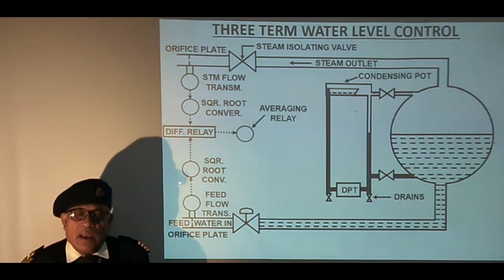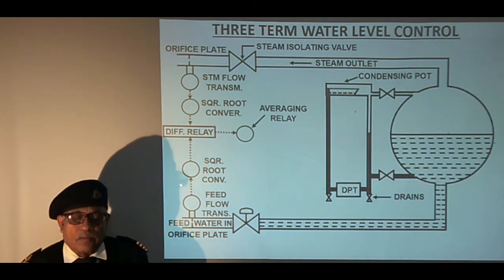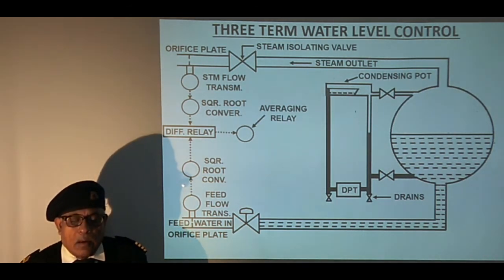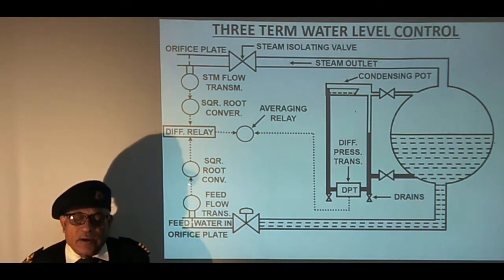Output of the differential relay is sent to the averaging relay to compare with the level signal obtained from the differential pressure transmitter. Differential pressure transmitter measures the water level in the boiler and sends this linear signal also to the averaging relay.